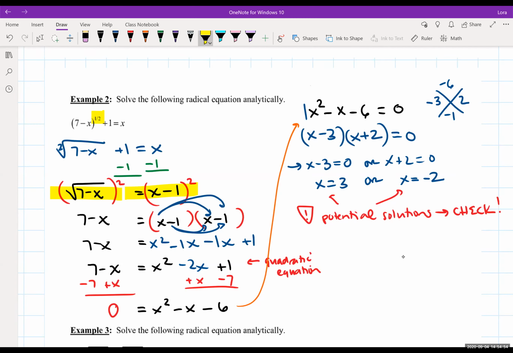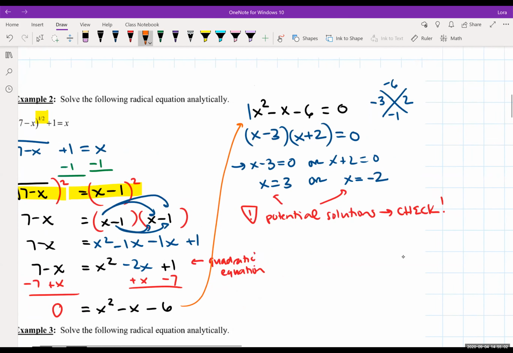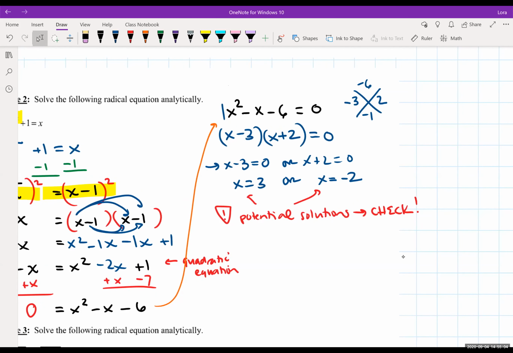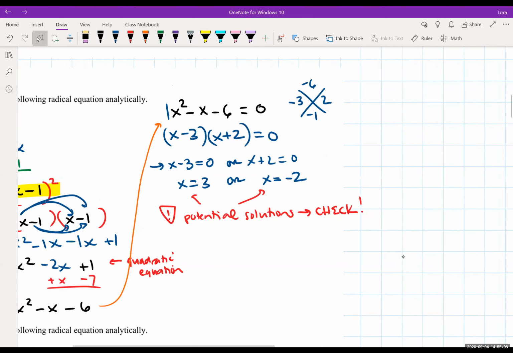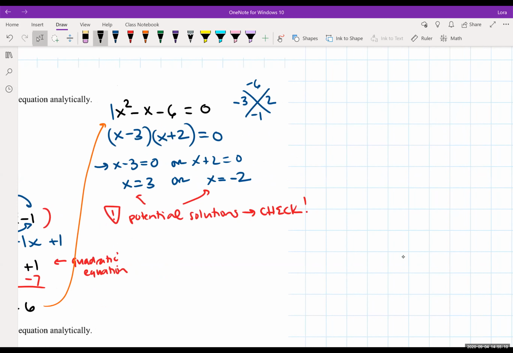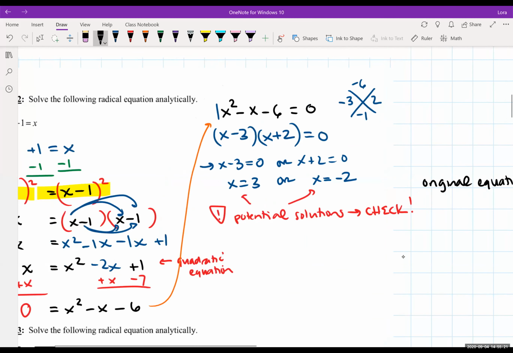And while this technique that we were using gives us a much nicer equation to solve, we have to account for this at the end of the problem by checking the solutions that we get. So we'll do that. What this means when we check is we're going to plug these back into the original equation. And by original equation, it means before you took any super crazy algebra steps.